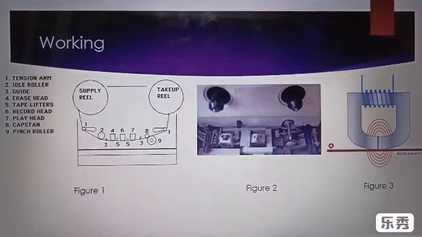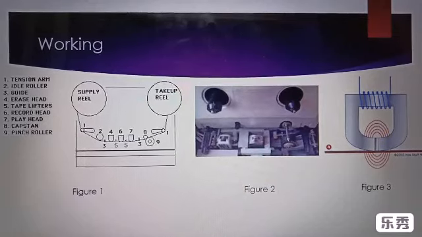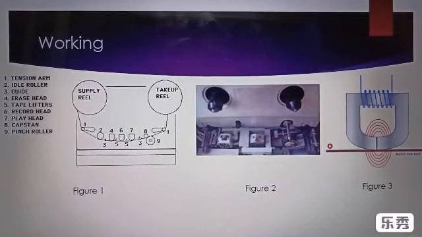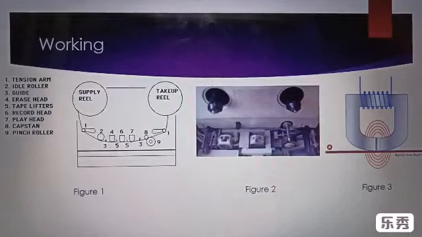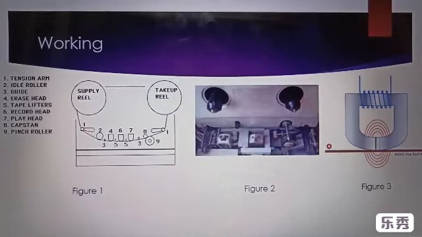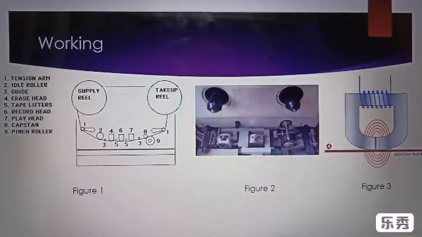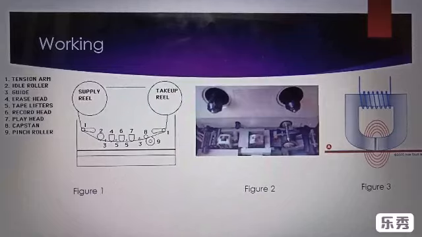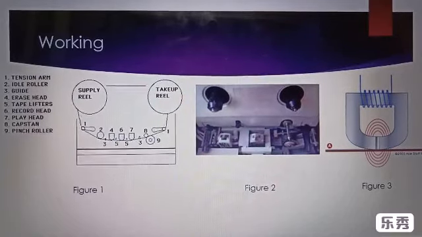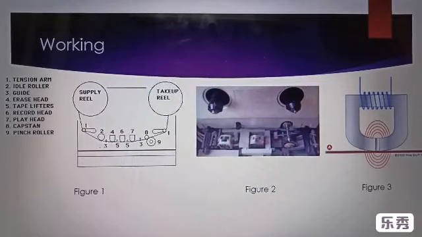So when we need to play, or when we need to get our information from the tape, then the opposite thing happens. That is, the erase head and the record head move away from the tape, and the play head comes in contact with the tape, and when the tape is moving, the reverse process happens.